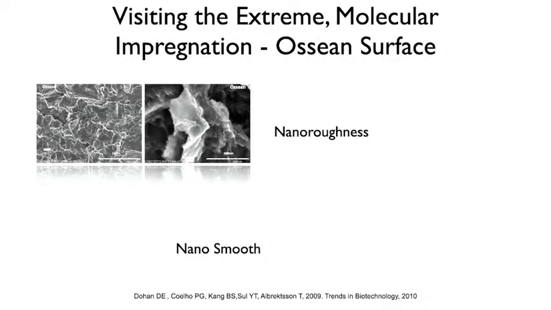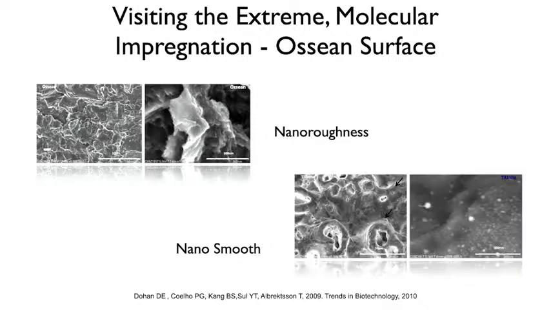Trends in Biotechnology is a very high impact factor journal, which makes it valuable science. So basically they were comparing, next slide, the T-unite surface, which they say is a surface from the past, to the ozone surface, and they say this is the surface of the future for all the reasons that I have cited before.